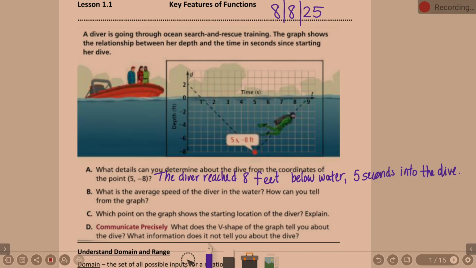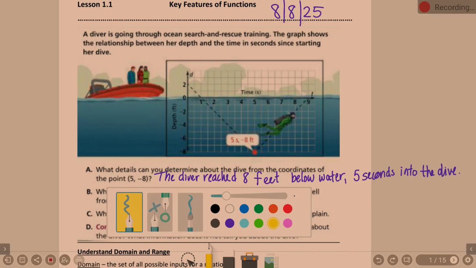Okay, so earlier we talked about 8 feet in 5 seconds. She traveled more than 8 feet, didn't she? Why did she travel more than 8 feet? Because she started above sea level. Yeah. Did she start at the water level at 0? No, she started up here, and that's what you have to catch.